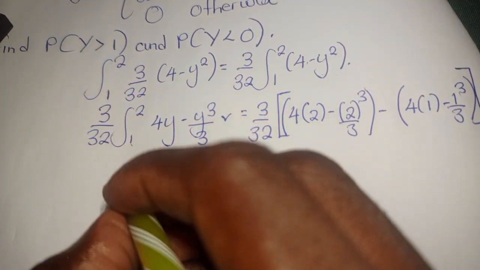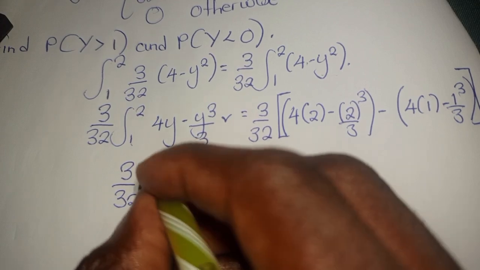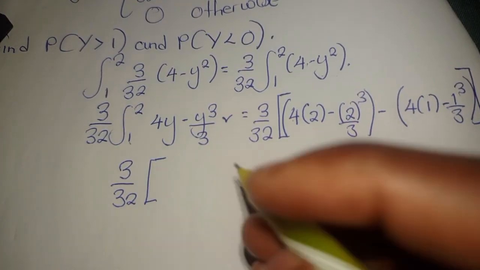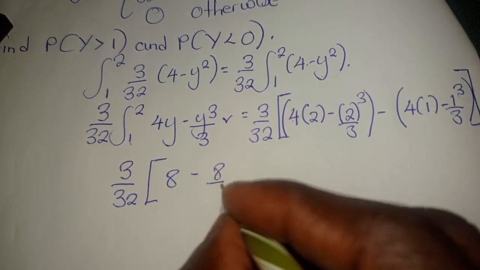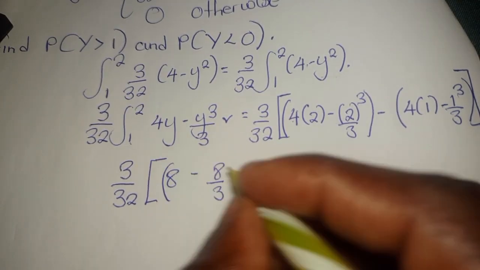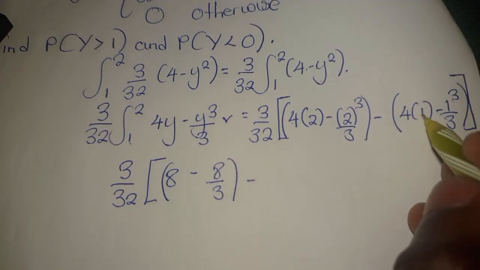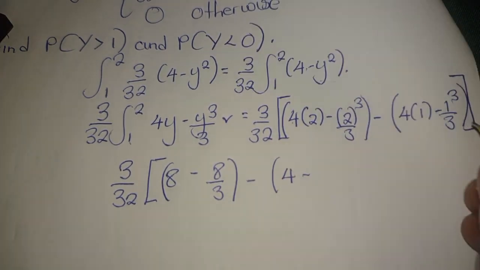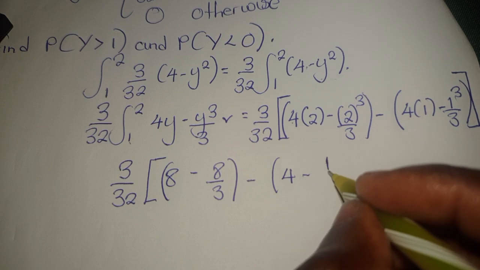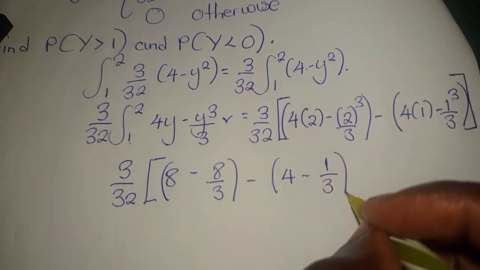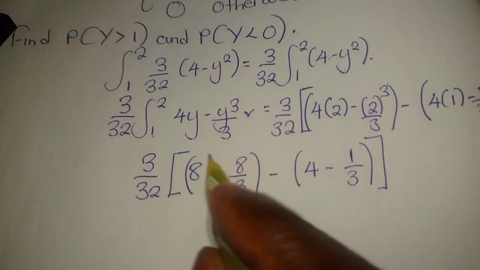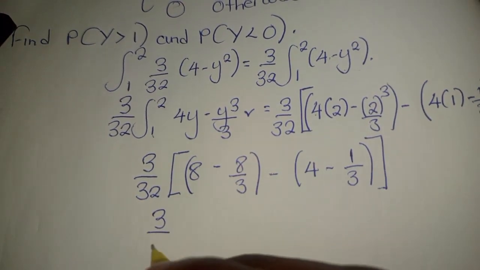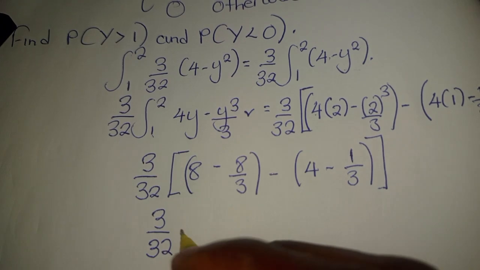So having done that, let us just compute the numbers which are here. We have 3 over 32. Then we know for sure that 4 times 2 is 8, and 2 to the power 3 is still 8, divided by 3. And 4 times 1 is 4, and 1 to the power 3 is 1 over 3. So this is the expression that we have. Let us just solve the fractions inside. Here we have 3 over 32.